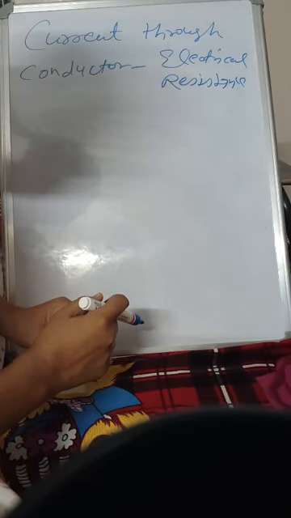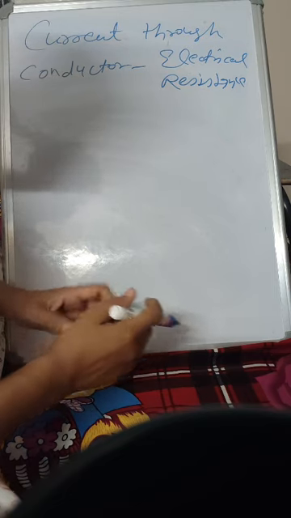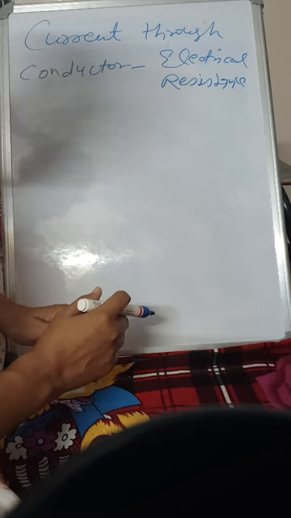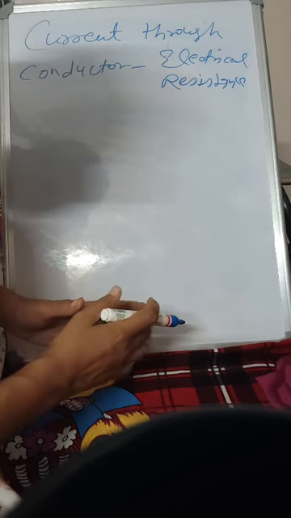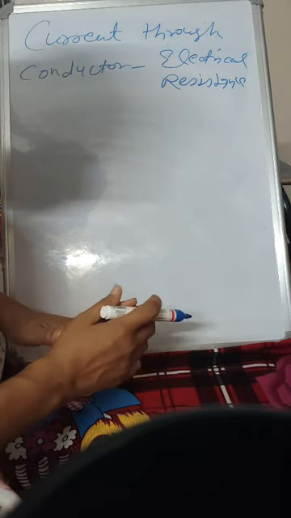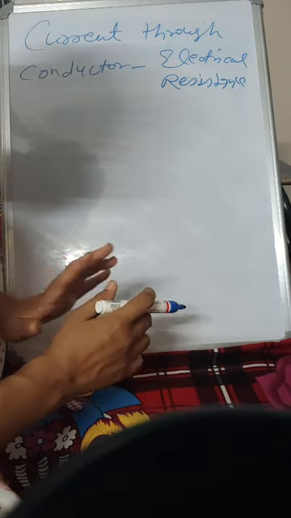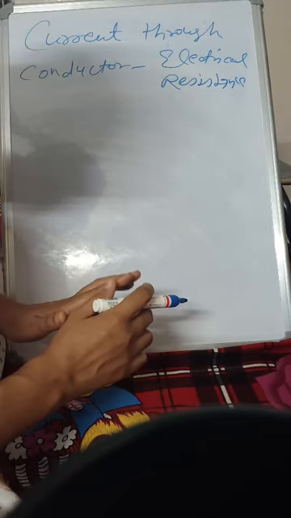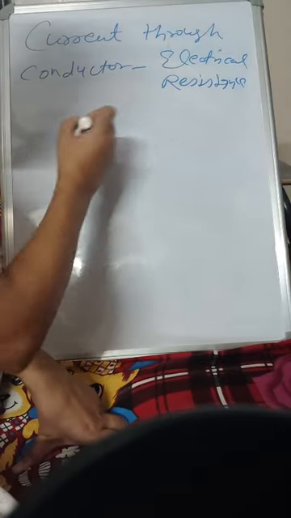So today we will study how current flows through a conductor and what is electrical resistance. We know that in a metal, in a conductor, there are a lot of free electrons available, which are responsible for current. And all these electrons are in random motion.